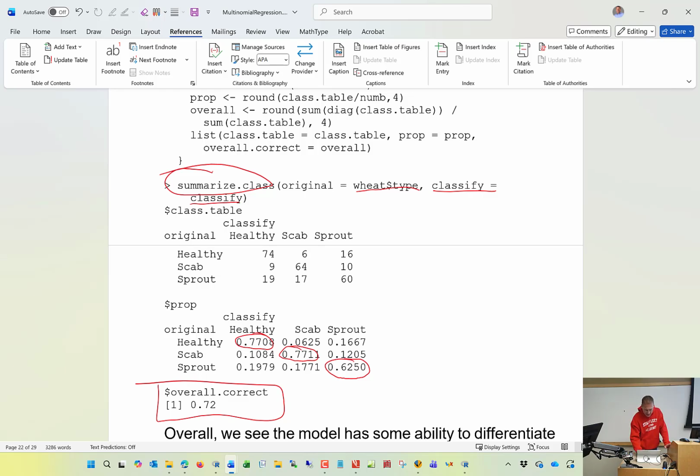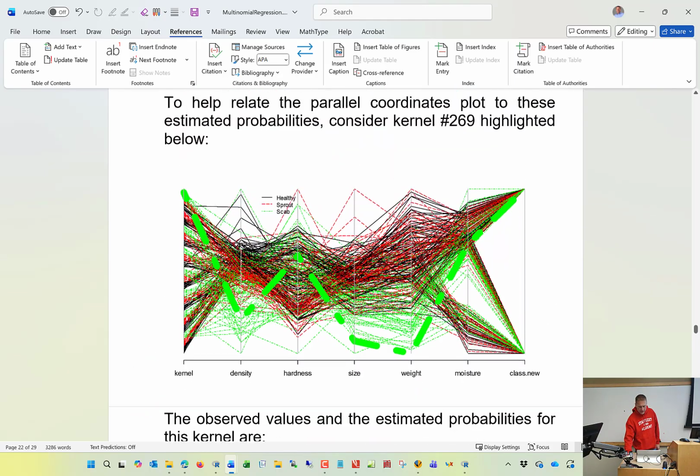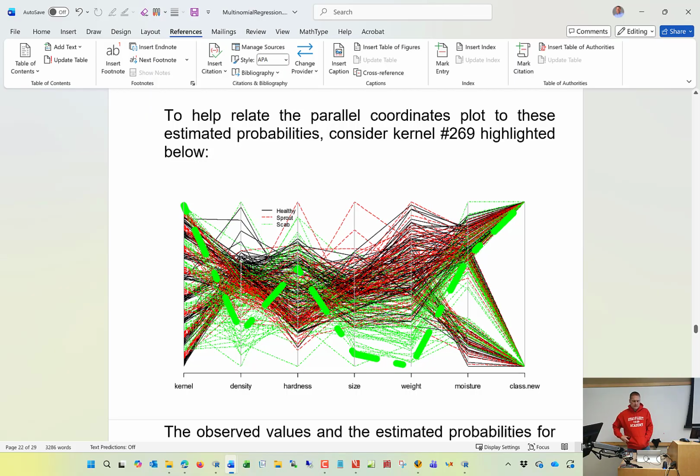We can also see the lowest correct classification rate is for Sprout. Why do you think that was? Let's look at the plot. Take a look at the color for Sprout.